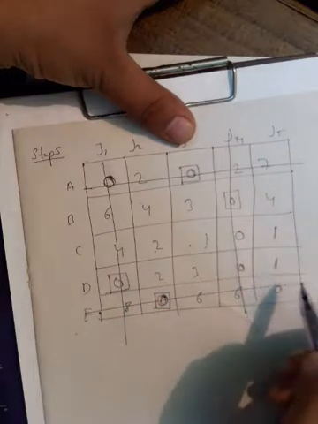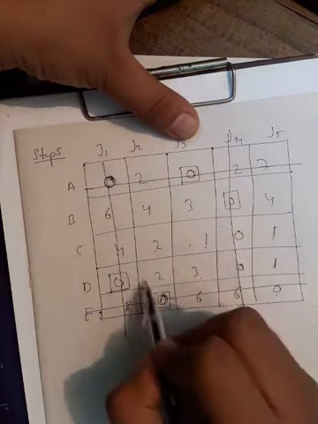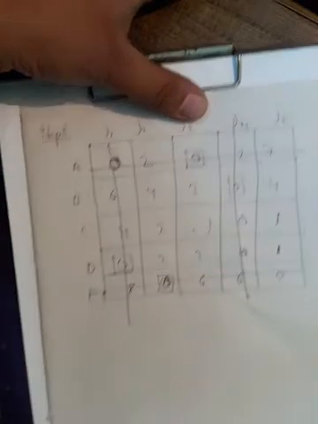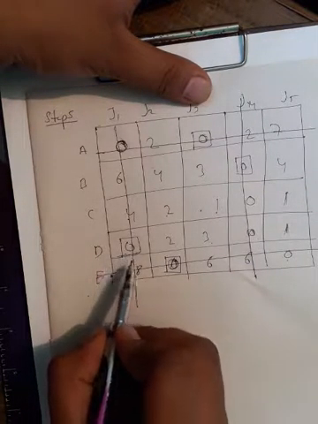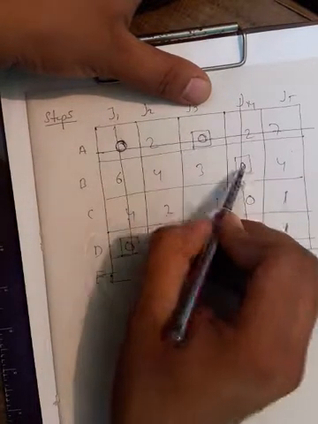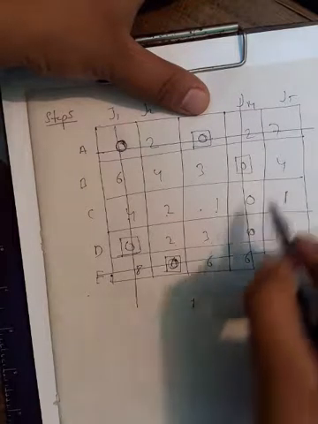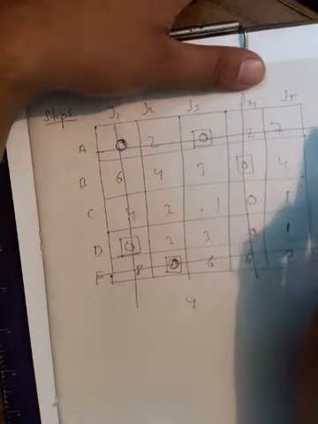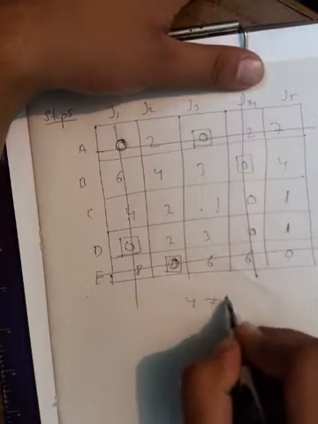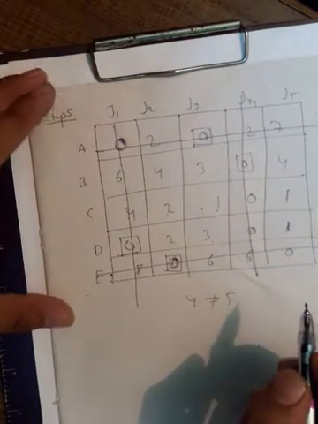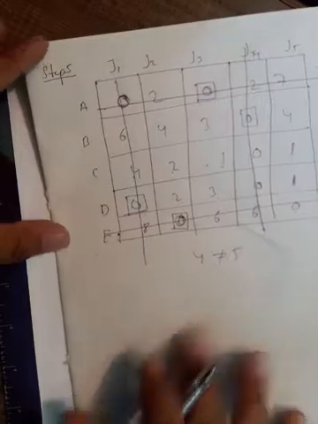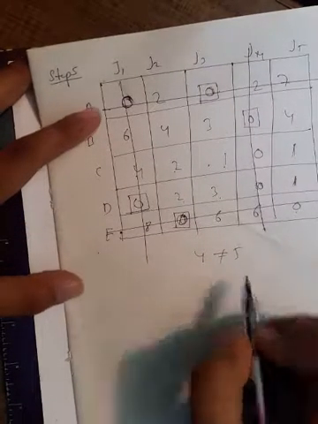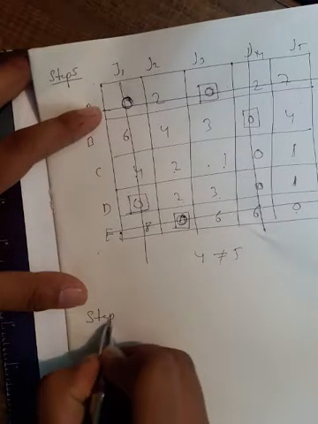Okay, again if you see, the optimization hasn't been reached, since the number of allocated values is 1, 2, 3, 4, but the number of rows or number of columns is 5. So our optimization hasn't been reached, so again we have to move to step 6.